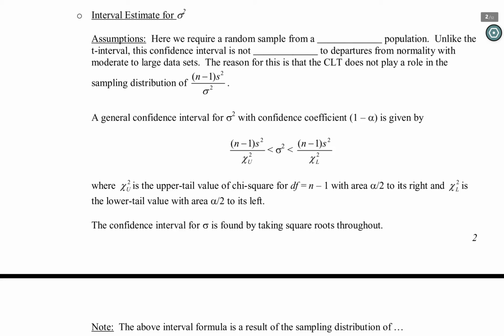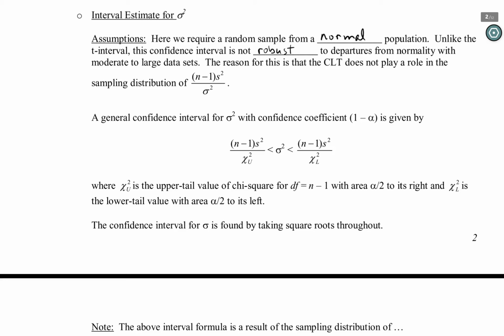Here, in our assumptions, we require that a random sample come from a normal population. Now, unlike the t-interval, this confidence interval is not robust to departures from normality with moderate to large data sets.